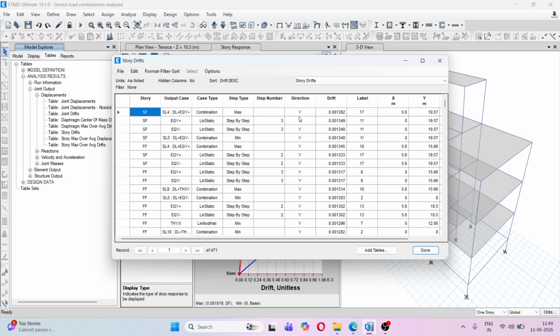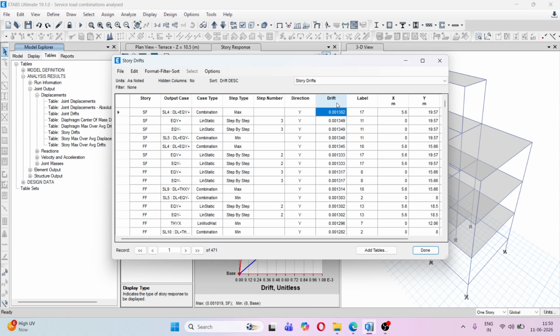So we can see the maximum story drift is at second floor. The output case is dead load plus earthquake Y positive, that is the combination, serviceability limit case 4, in Y direction, and the maximum value of the drift is 0.001382, which is less than 0.004.